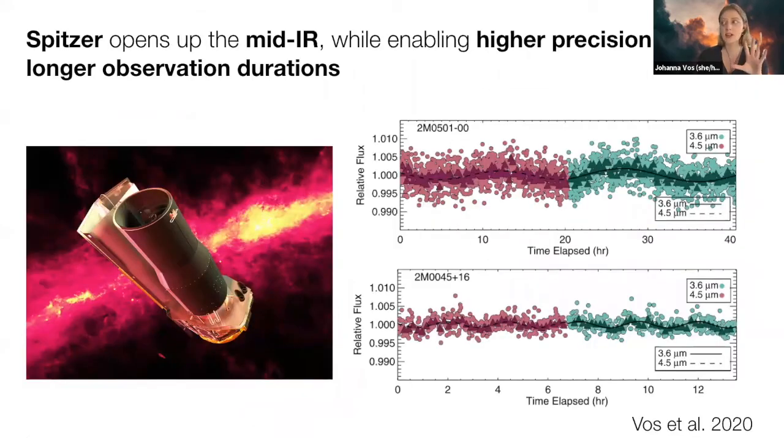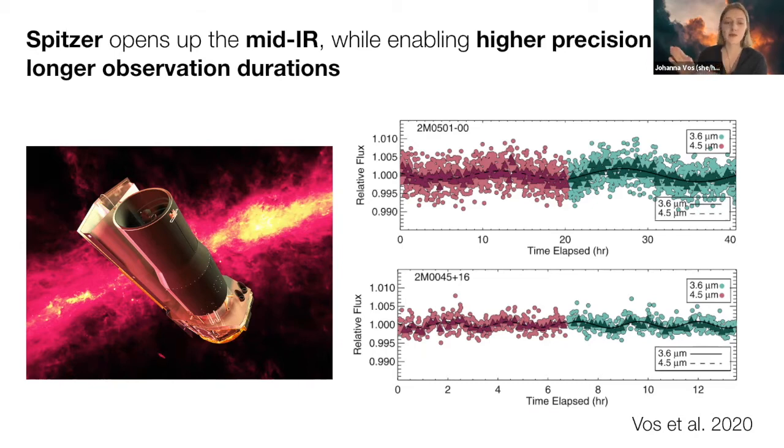And since this initial variability survey, we've moved on to using the Spitzer Space Telescope, which has several advantages over ground-based monitoring, but I would say the most important is that we can observe for really long durations that you just can't observe from the ground or even with HST. So for instance, we can observe an object for 40 hours without any interruption.